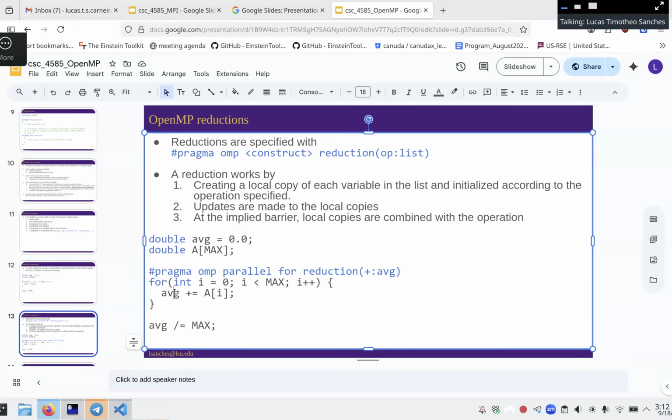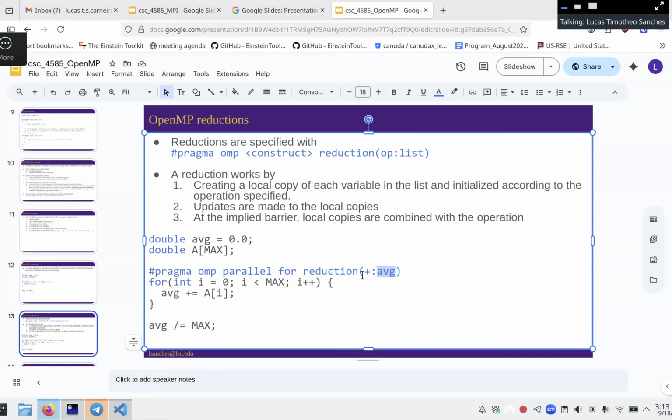The reduction operation is going to be similar to the array solution. So what this is telling OpenMP is the following. I have this average variable AVG, but I want every worker in this for loop to have a local copy of this variable. Even though it's supposed to be shared, I want every thread to have a copy of it.